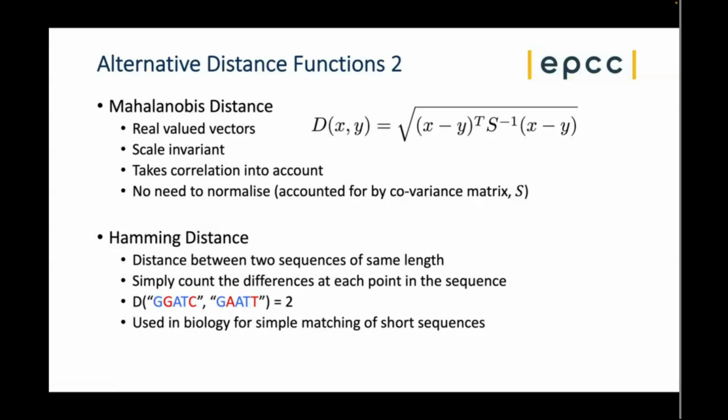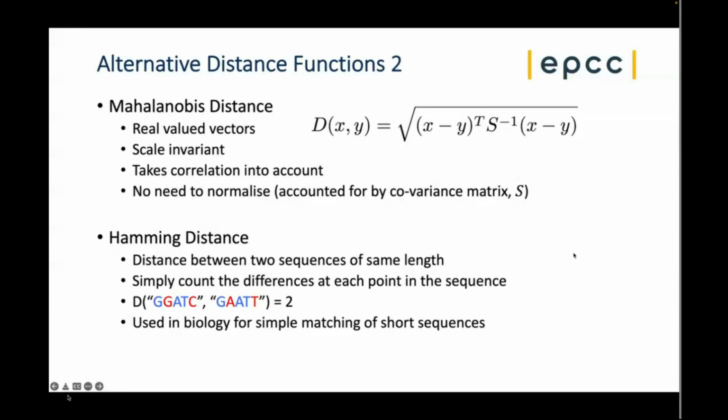So if you think you have got highly correlated variables, it removes the effect of the correlation when you calculate the distance. This matrix equation here for vectors x and y is how you would define this distance.